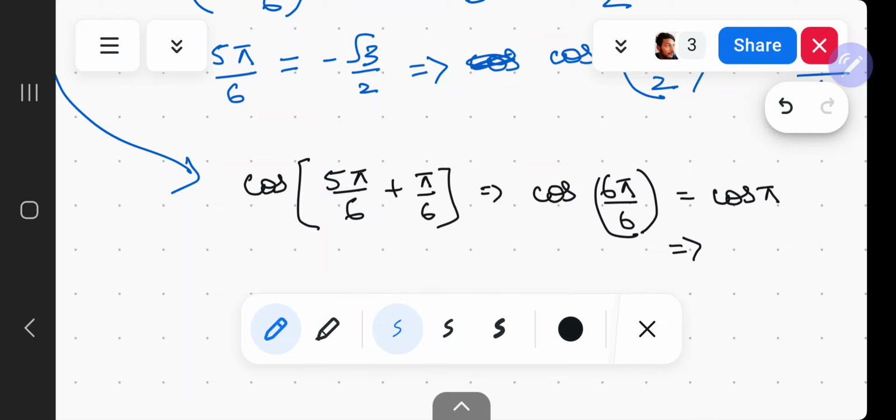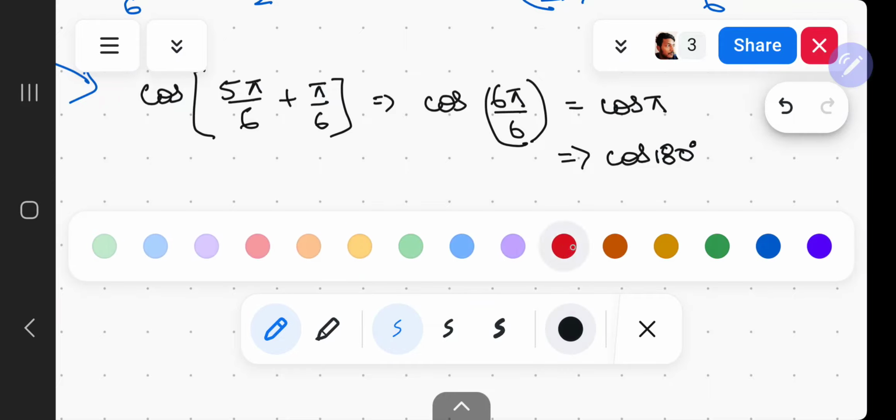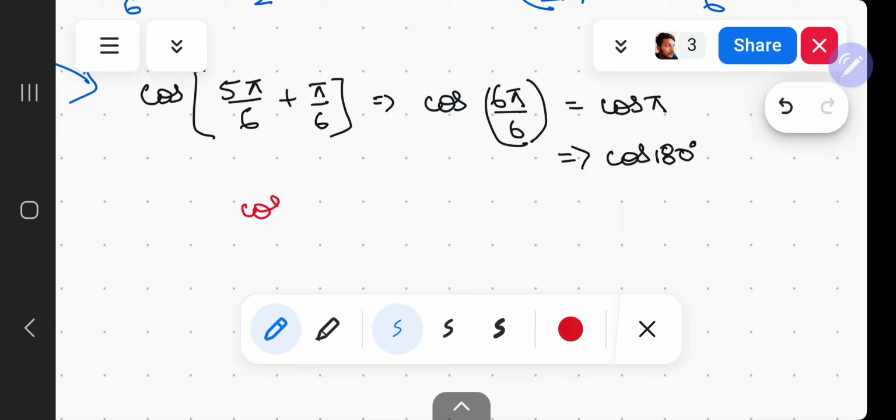And cos pi, Shruti, what's the value of cos pi? Cos pi is 180 degrees. Yes. So we'll write that as cos 180 degrees. And we know the formula cos 180 minus theta.